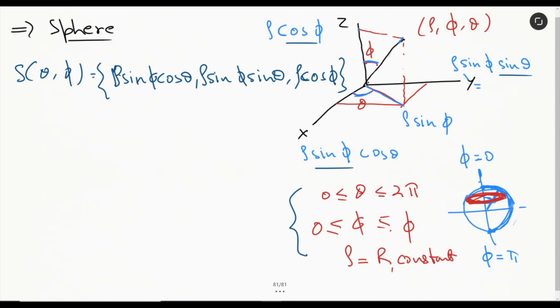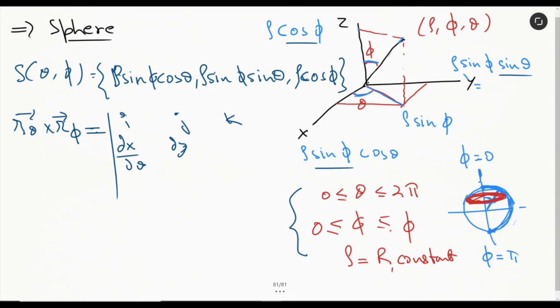Also for the normal vector, the parameters are theta and phi, so r theta cross r phi, of course you can find it. I'm just writing the expression we are going to get: i j k, dx by d theta, dy by d theta, dz by d theta, dx by d phi, dy by d phi, and dz by d phi.